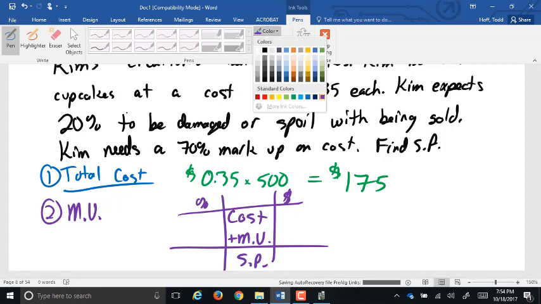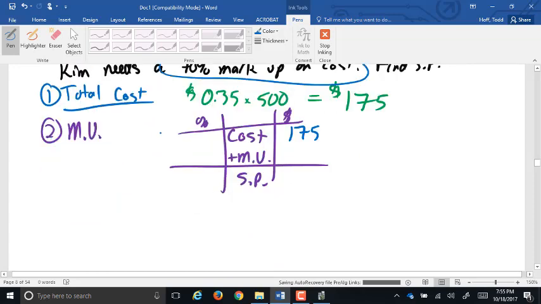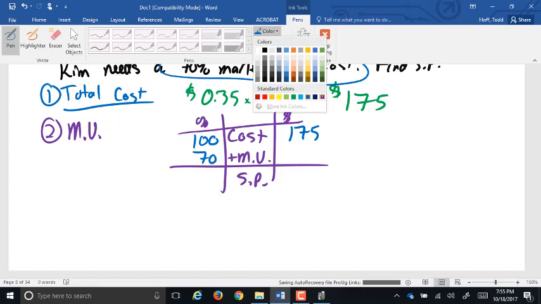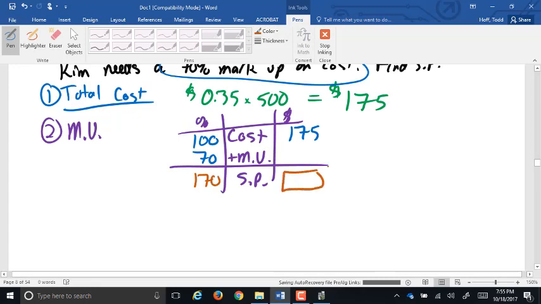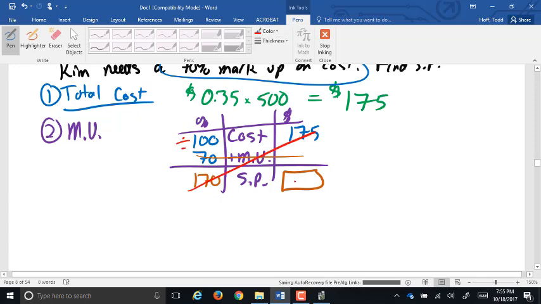So we have the 175 in there as the total cost. We have 70% markup on cost. So that's 70% markup. The cost is the 100%. Making this 170. So 170 times 175 divided by 100 is $297.50. That is our total selling price.